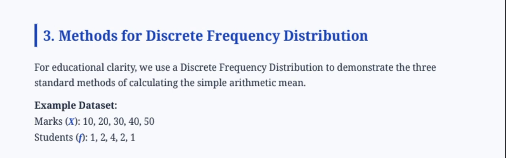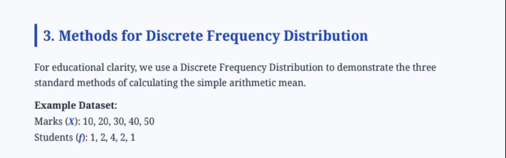Now, suppose we have a set of numbers, like a class where 10 students are there and their marks are mentioned. How many marks each student has got is how we represent the discrete series.